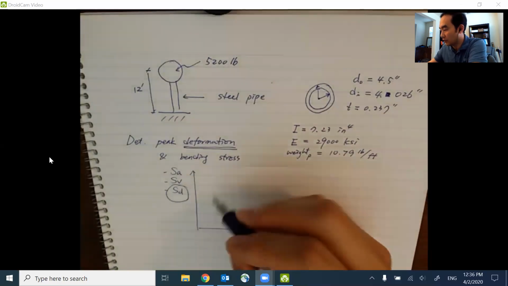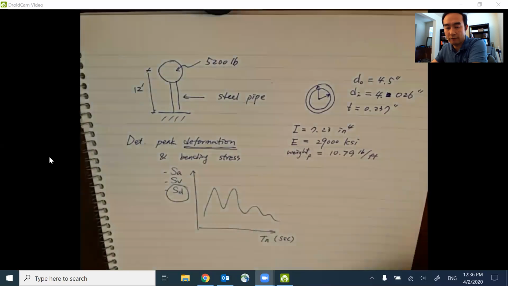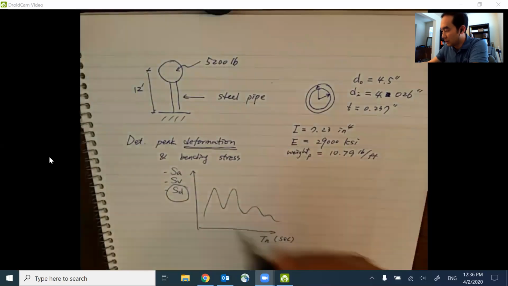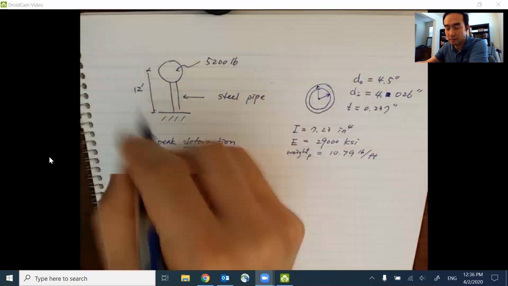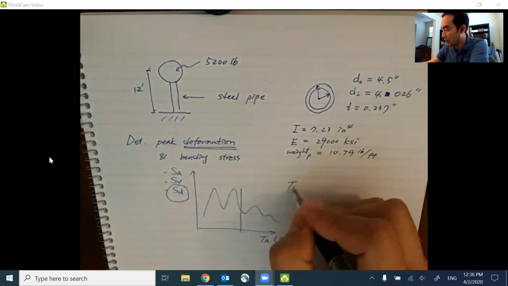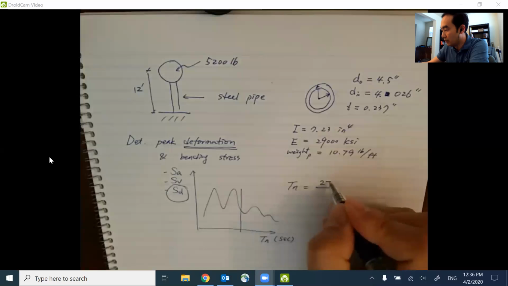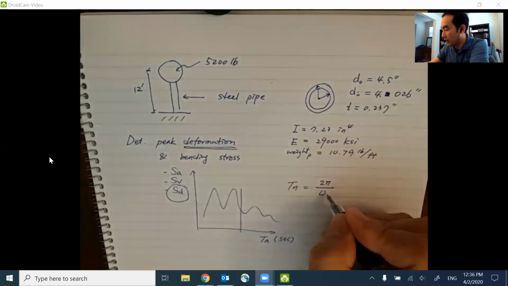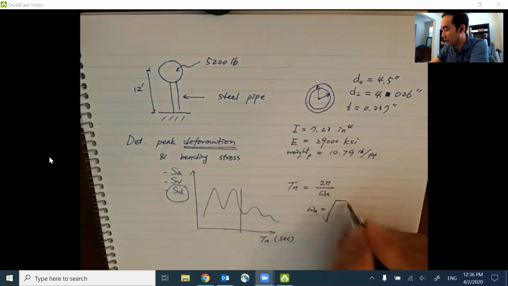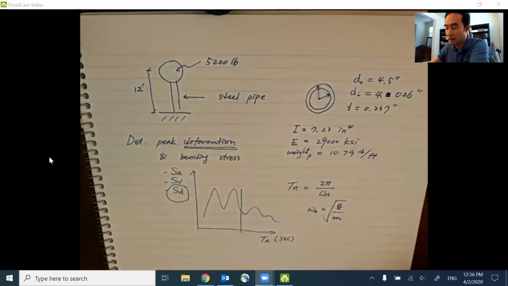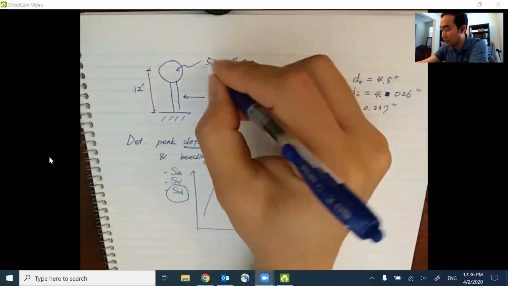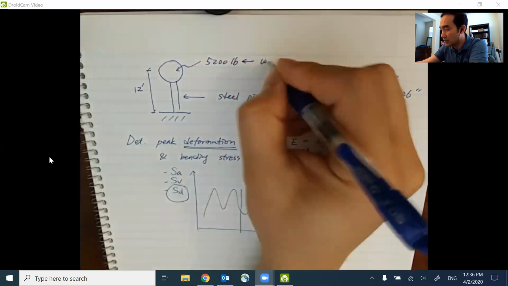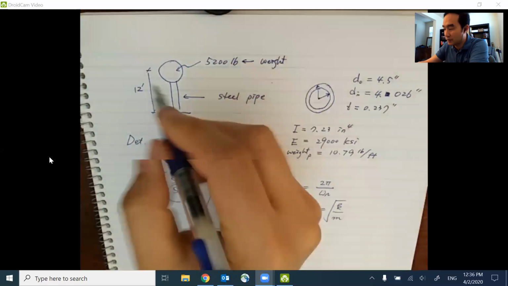When we have a graph or chart like this, we first have to know the period of the structural system. The period is equal to 2π over ω_n, and ω_n can be calculated as the square root of k over m. The weight is given, by the way, 5,200 pounds, which is the weight of this top portion.